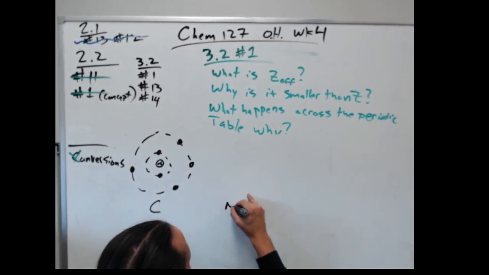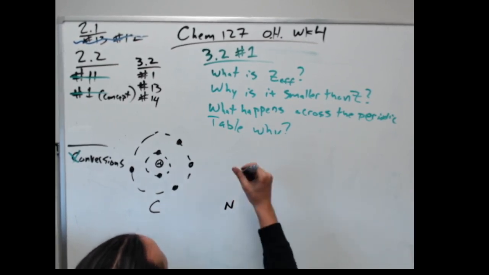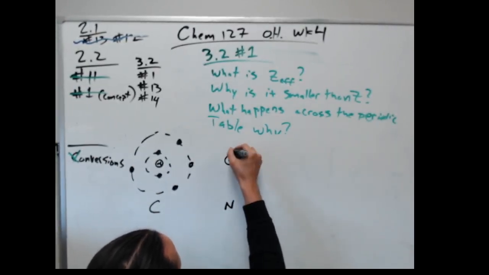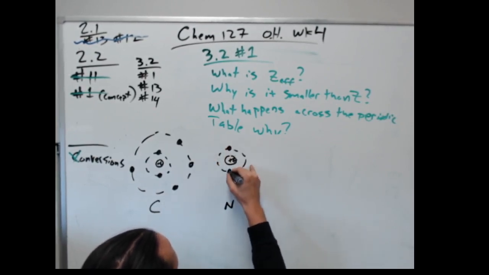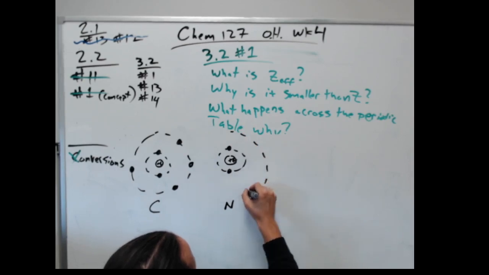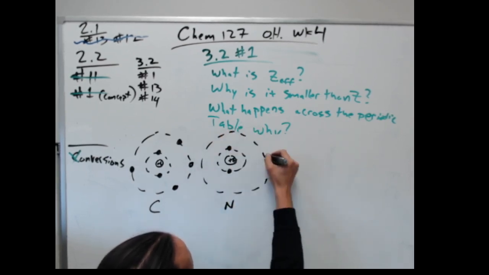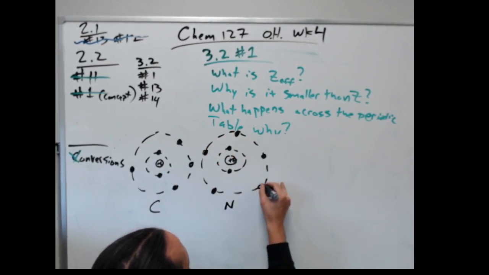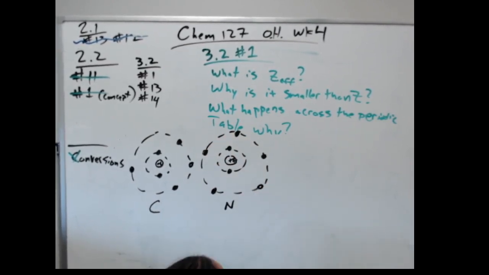Then I've got nitrogen. Now, when I look at nitrogen, I've got a +7 in the middle. I've got my n=1 with 2 electrons, and then my n=2. I'm going to have 1, 2, 3, 4, 5 electrons there.